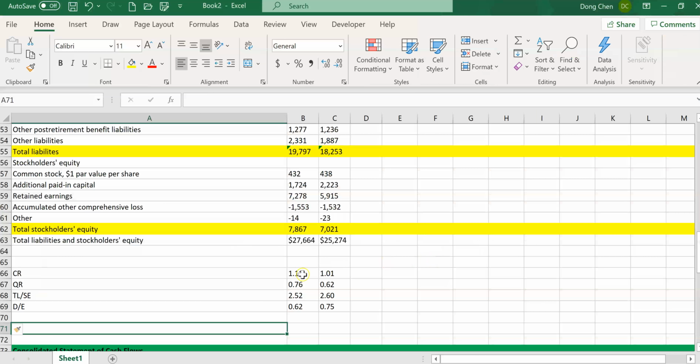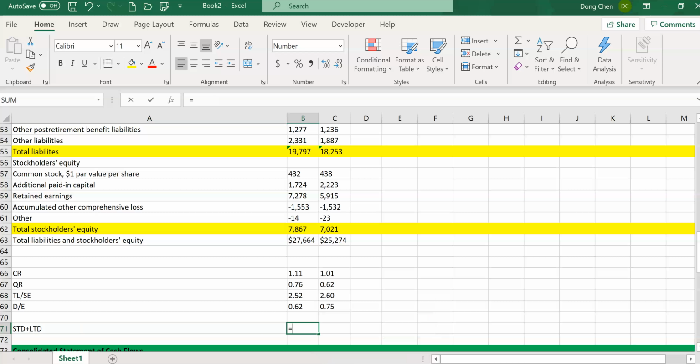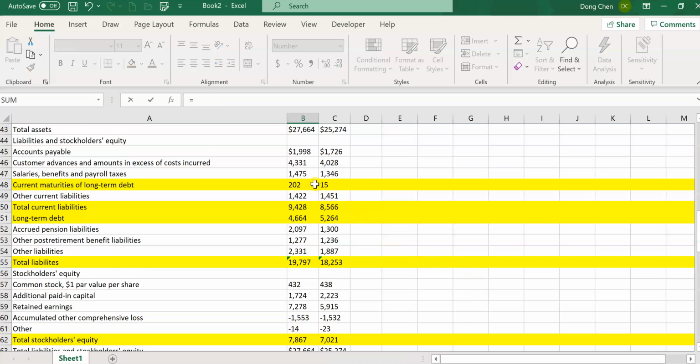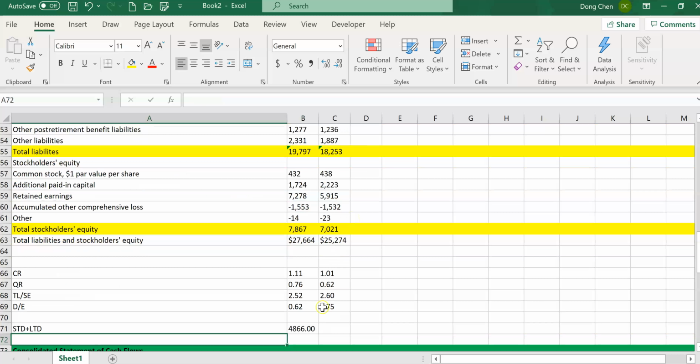But we haven't done an explicit calculation for that yet. Let me do that. Short-term debt plus long-term debt, and then we can observe the trend. Short-term debt is right here, current maturities of long-term debt, plus the long-term debt. Then drag the cell to the other year.